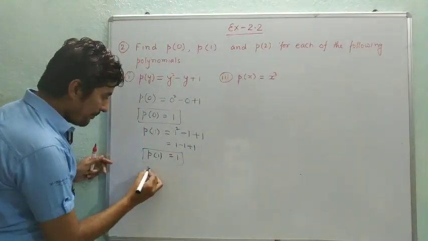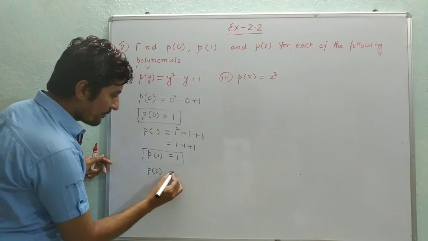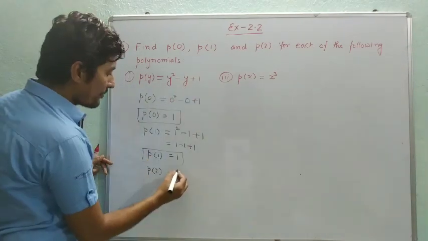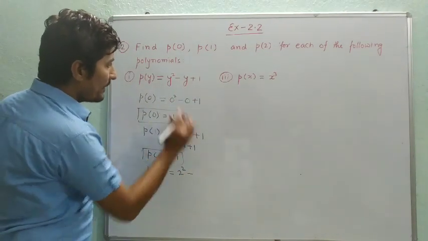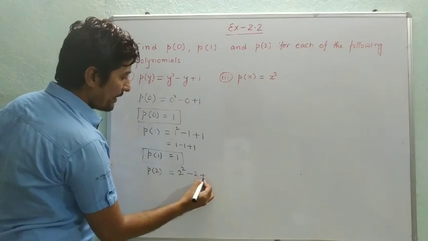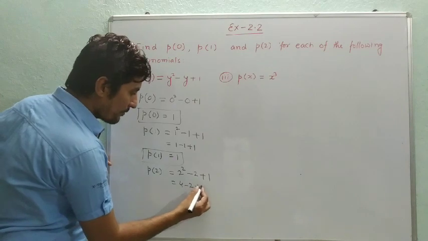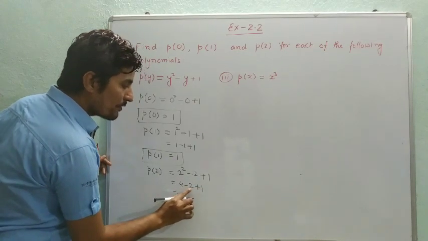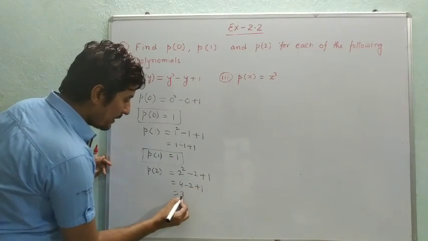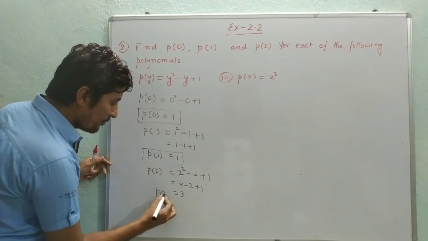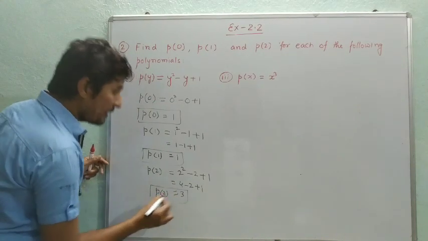So we can write here P(2). On the place of y, we place 2. 2 square minus 2 plus 1. The square of 2 will be 4, minus 2 plus 1. 4 minus 2 equals 2. 2 plus 1 equals 3. So we have here P(2) equals 3.